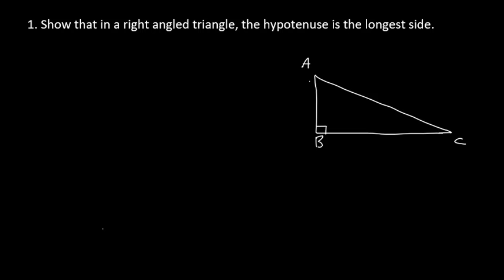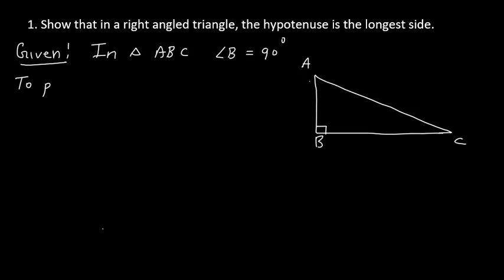So here I can write given in triangle ABC, angle B is 90 degree. To prove, what I prove, that hypotenuse, that is AC, is longest.